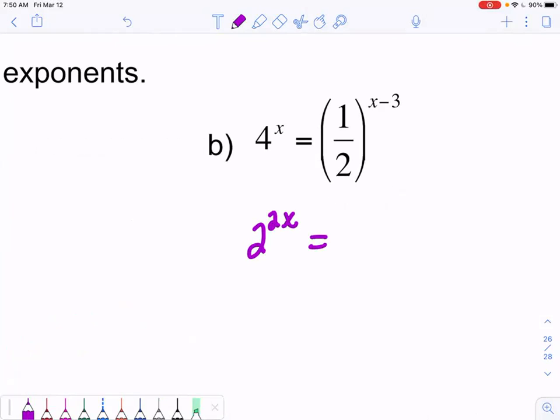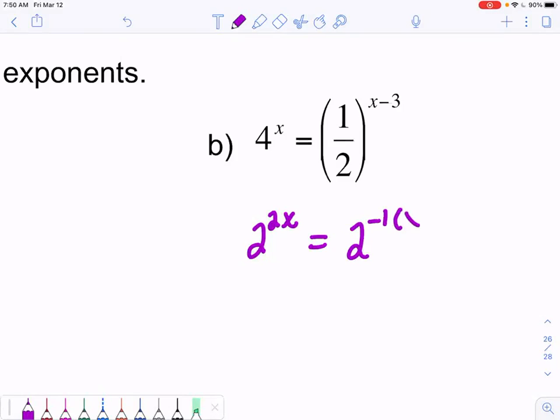How could I change that 1/2 so that it is a base of 2? So think 1/2. How could I write it as a base of 2, Faith? 2 to the negative 1. Remember, a fraction is really a whole number with a negative exponent. So 1/2 is really 2 to the negative 1.